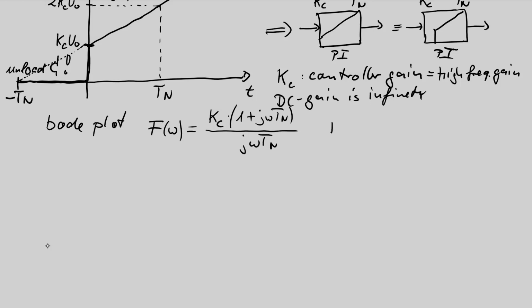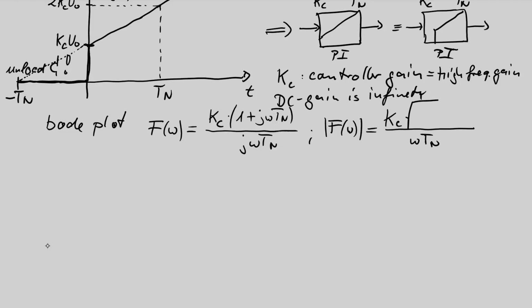The magnitude curve depends on the magnitude function. If I calculate the magnitude function, I have a division. In the denominator, we have only the imaginary part, so the magnitude is the imaginary part itself. And in the numerator, we have Kc, and then the one real part plus j omega Tn, this is an imaginary part.